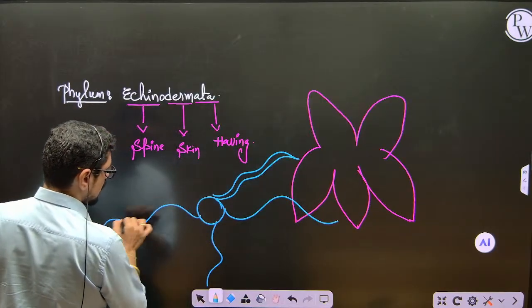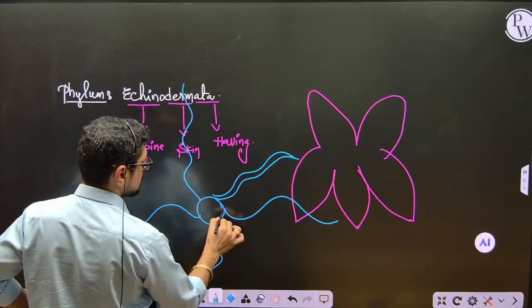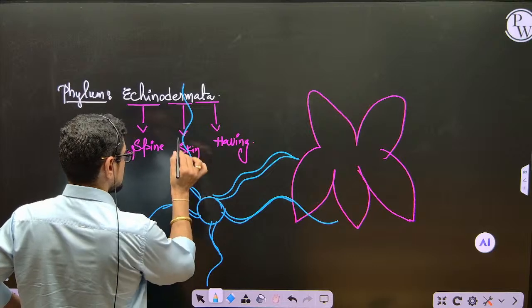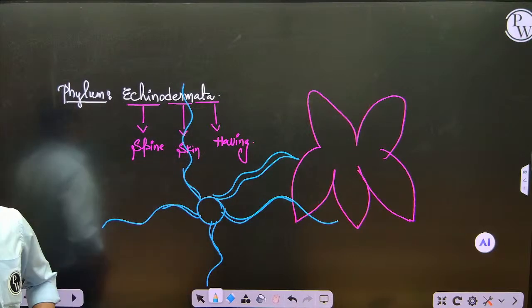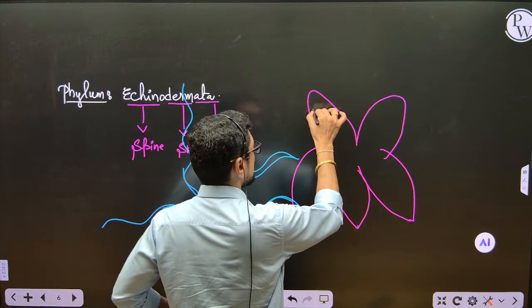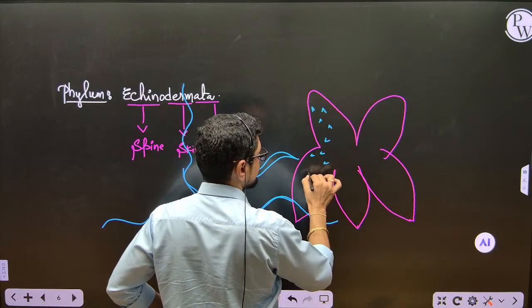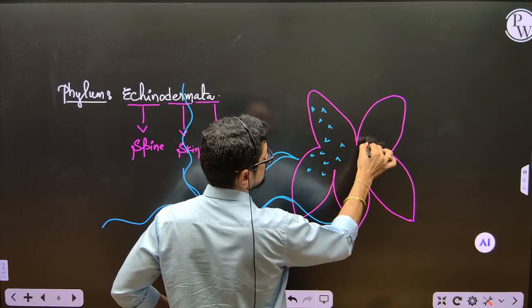Like this, different arms are present. This is another animal. Different animals are present, and here the body is covered by spines. Like this, the spines are present.